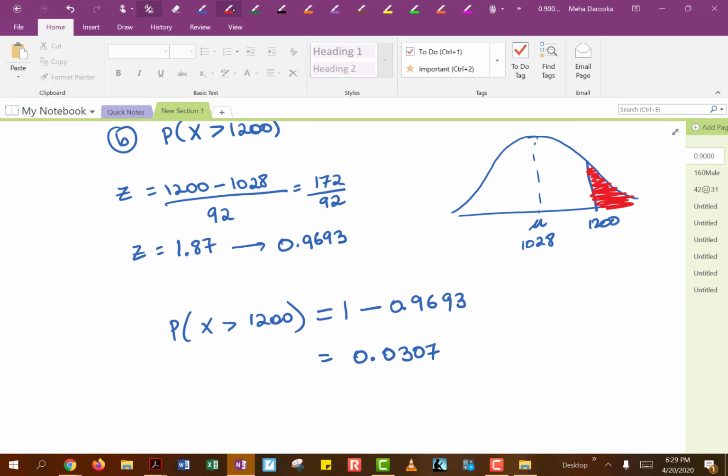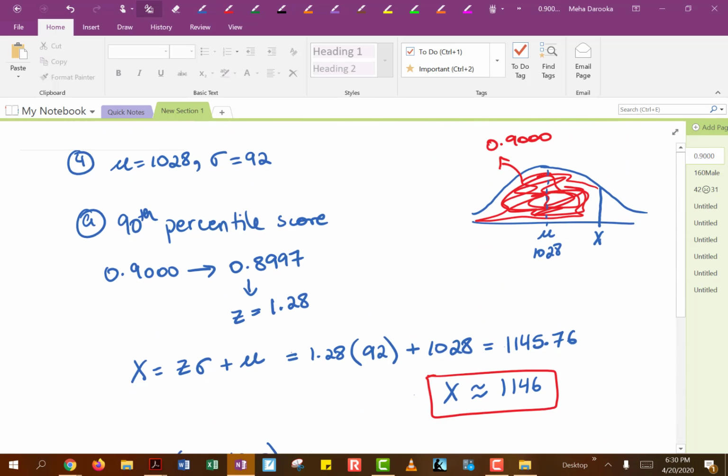So as a probability, you can leave it like this, or if you want to write this as a percent, that would end up being 3.07%. So we're basically saying, out of all the people who would take the exam and you randomly select a score out of that, there's only a 3% probability that we will find a score that is going to be greater than 1200. So that's kind of what you are looking at here with this example 4.